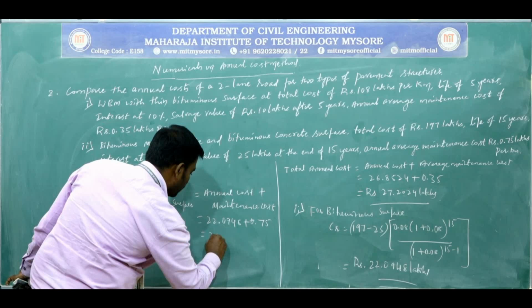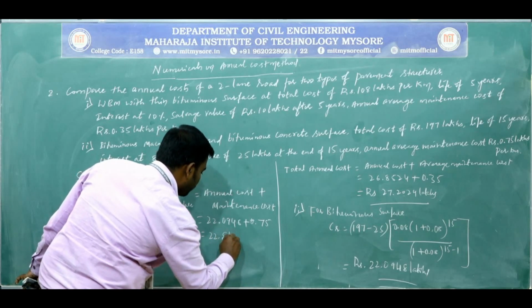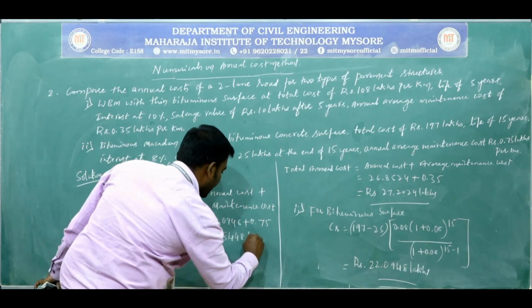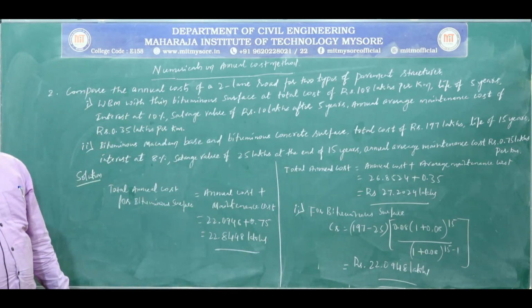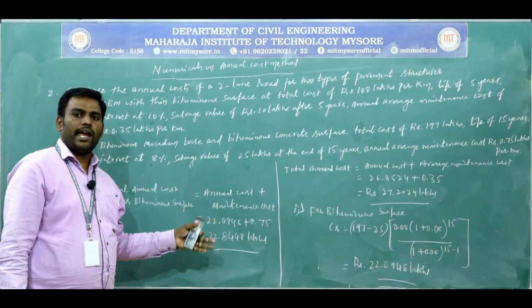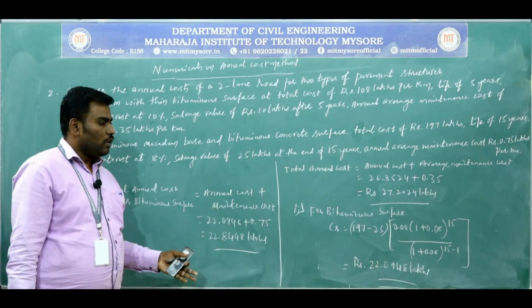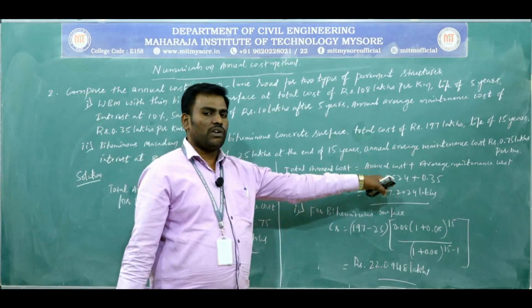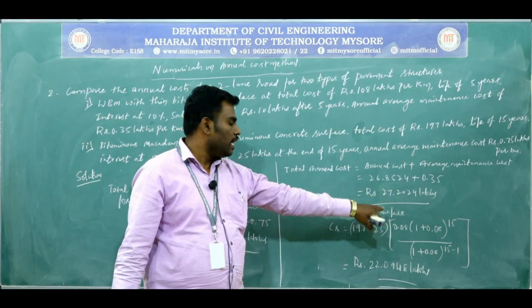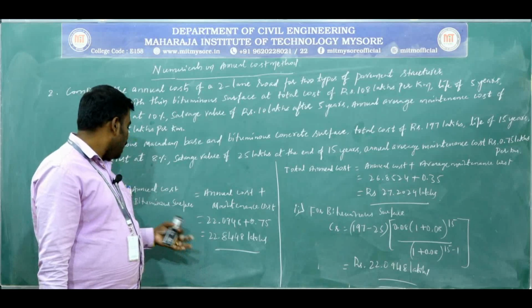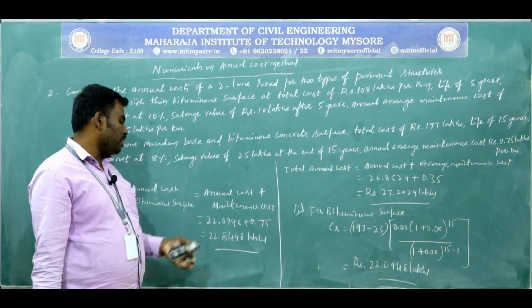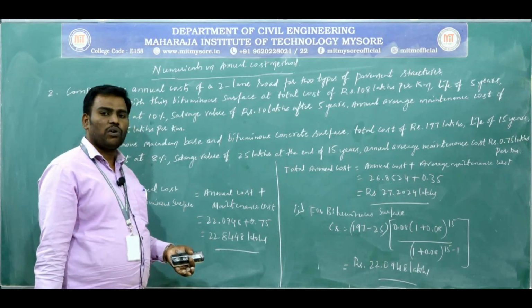You may get 22.8448 lakhs. Then what about the total annual cost for your WBM with thin bituminous surface? It is 27.2024 lakhs, whereas your total annual cost for bituminous pavement is 22.8448 lakhs.